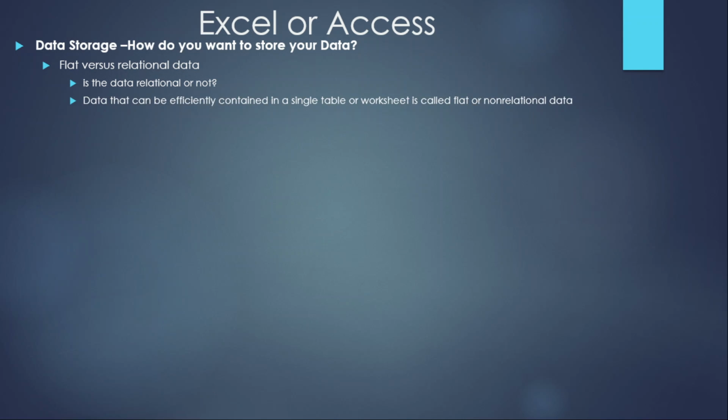By that, what I mean is a flat is a single table, because a spreadsheet is natively designed to accommodate flat data. So it's just one table. You can't relate one table to another table natively. You have to use formulas or functions in order to achieve that functionality.